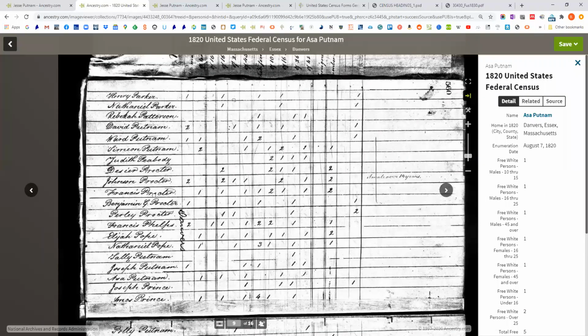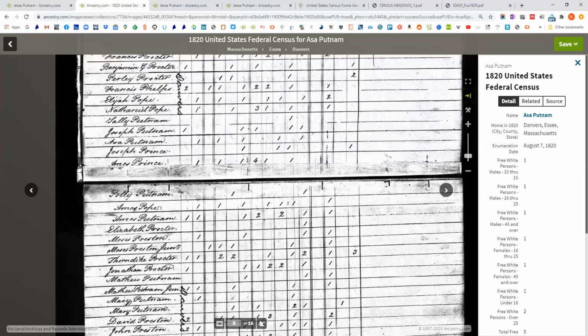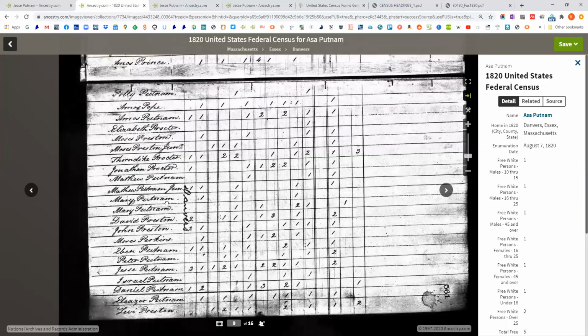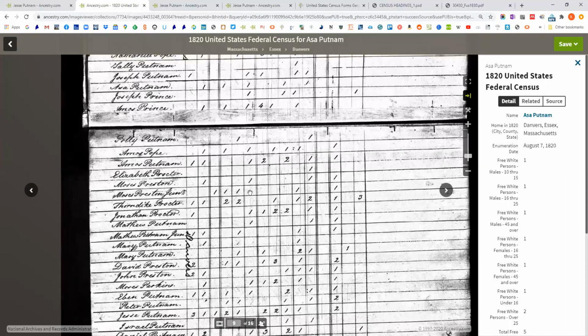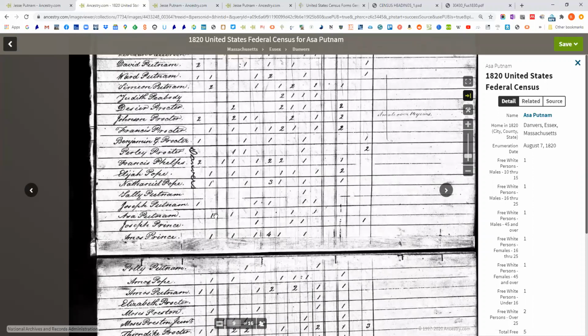It's only people whose names start with P on this page. I doubt people were living in the town in alphabetical order. It's not like the town said, if your name starts with P, you live in this area, and if your name starts with M, you live over there. So this is obviously a copy.